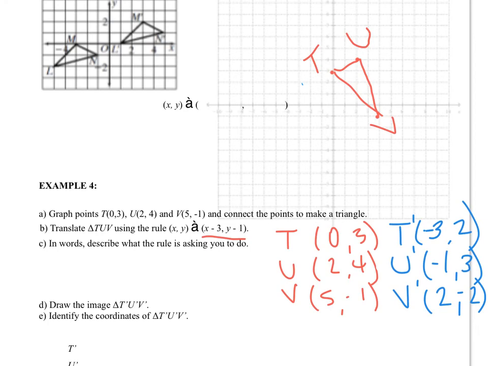All right, let me plot those real quick. Let's look at our points, and I'll give you a minute to plot them. So it said negative 3, 2. So negative 3, up 2. That's going to give us T1. And then the other one is negative 1, 3. So origin, negative 1, up 3. That's going to be U1.